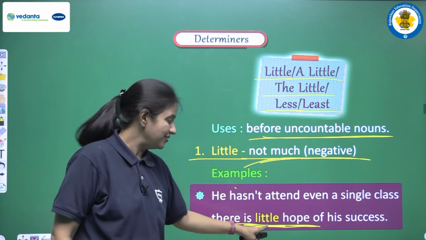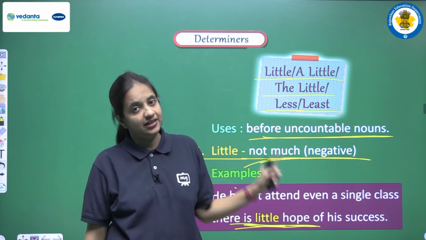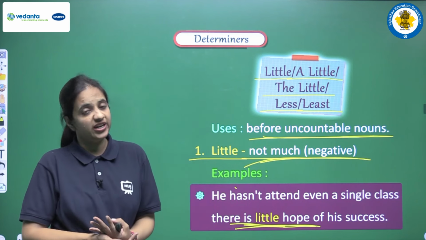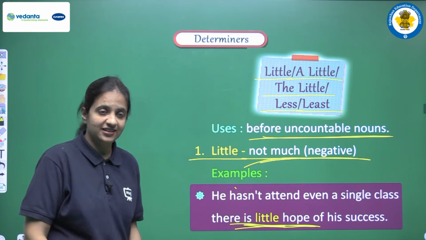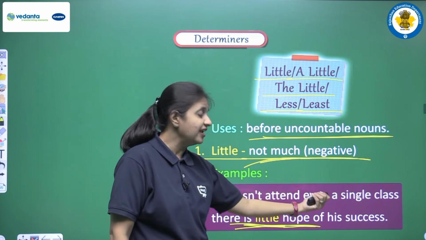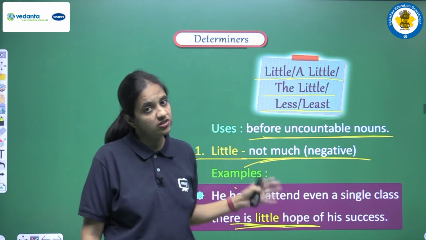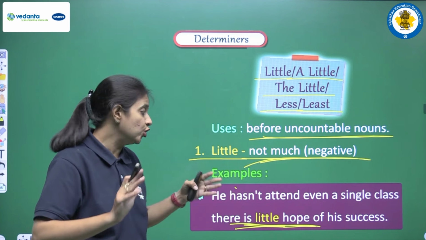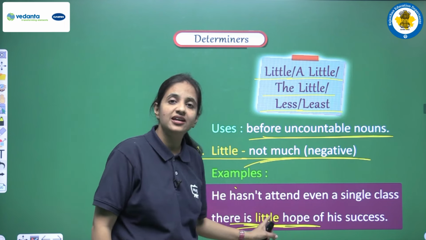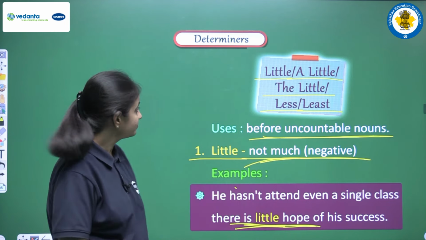So now we have little here as a determiner because we want to create a negative sense in the sentence. We are trying to say that because he hasn't attended even a single class, we can say there is no hope for his success, and this is the reason we are using little here as a determiner.